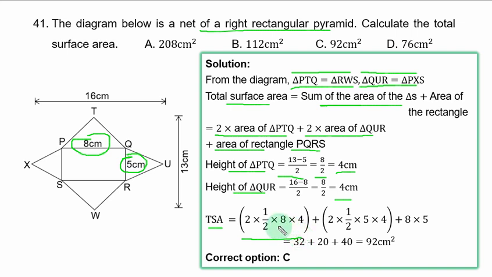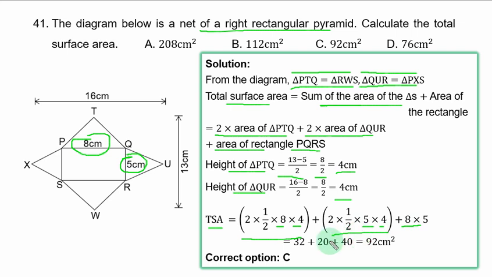That triangle, the base is 8, and the height is 4. The second triangle, that is QUR, the base is 5, and the height is 4. This is the area of the rectangle, length times breadth.